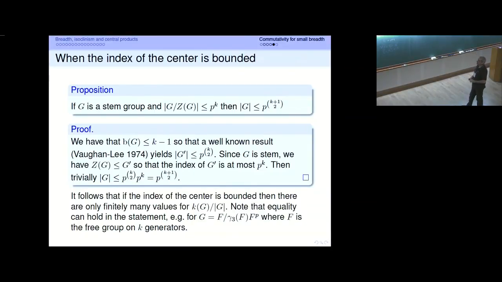You can even do it easily without using von Lee's theorem, but you don't get that nice bound.